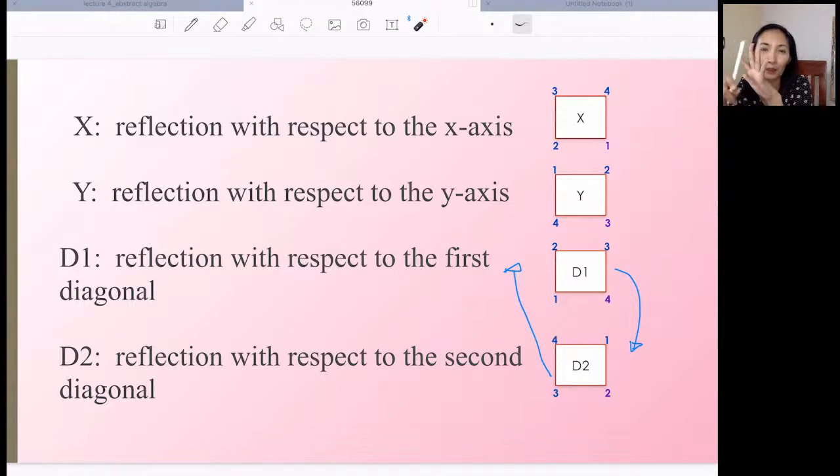Remember, for group: closure, associativity, existence of identity, and existence of inverse. So, if we continue, I think I will eat up your time until 1 o'clock. So, it's up to you. I can continue. But if you wish, we could cut it short and we will continue for next meeting. Shall we continue or may we have it for next meeting na lang?